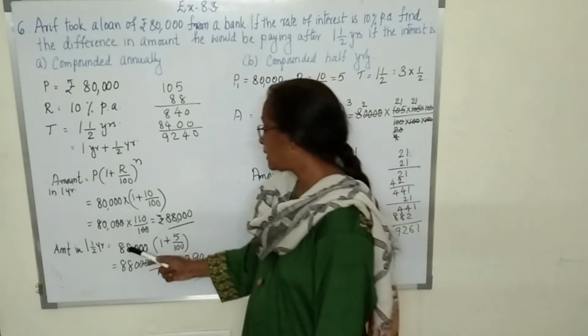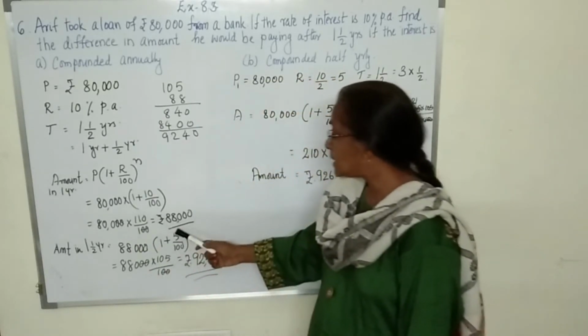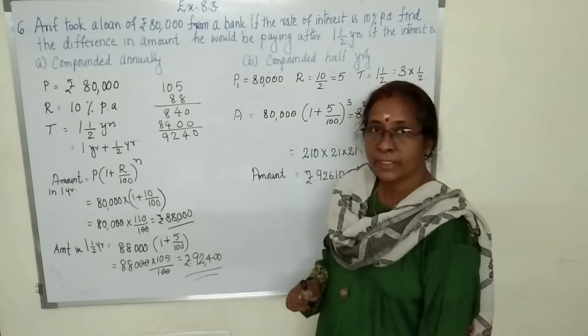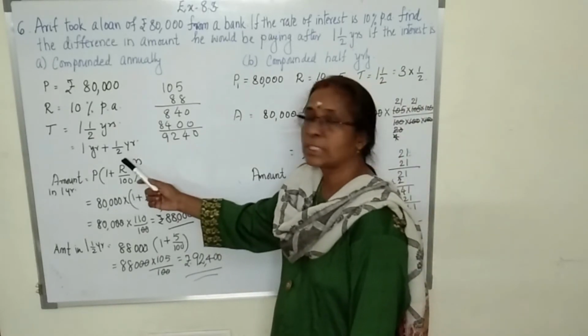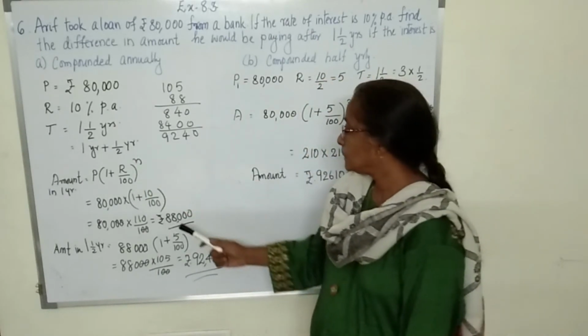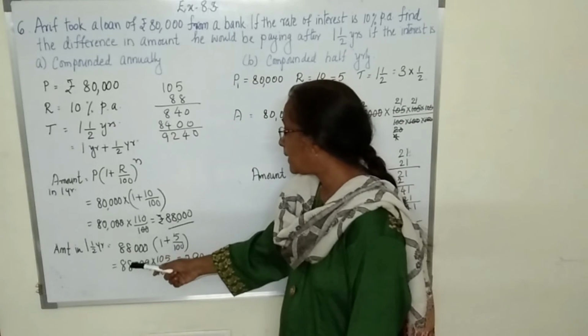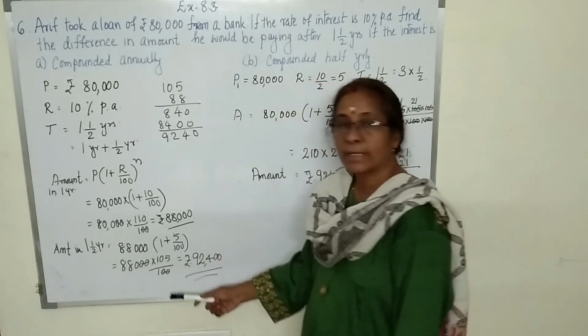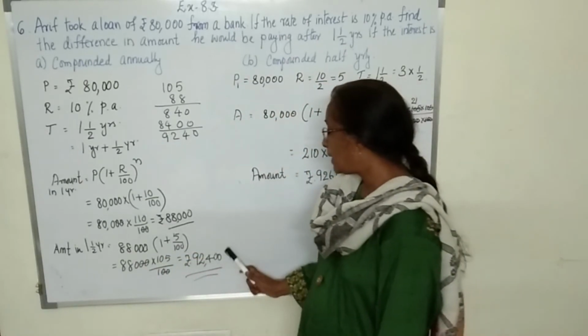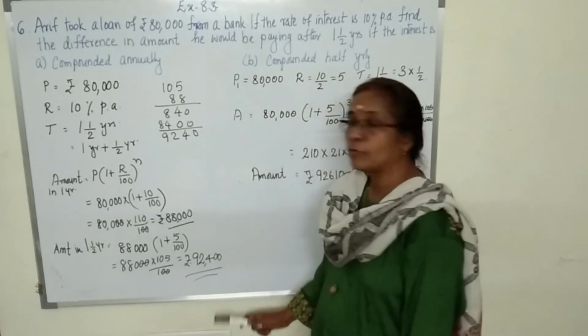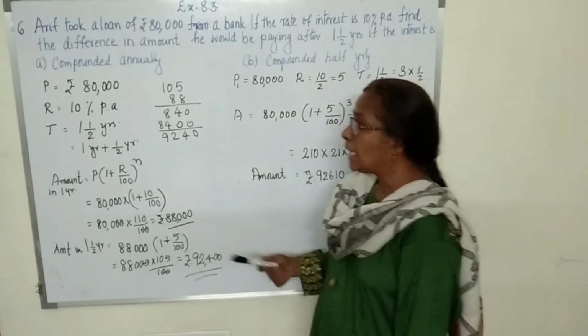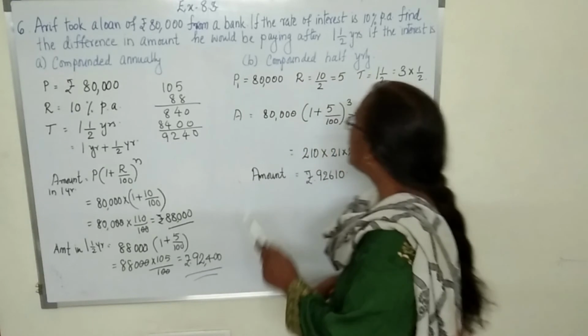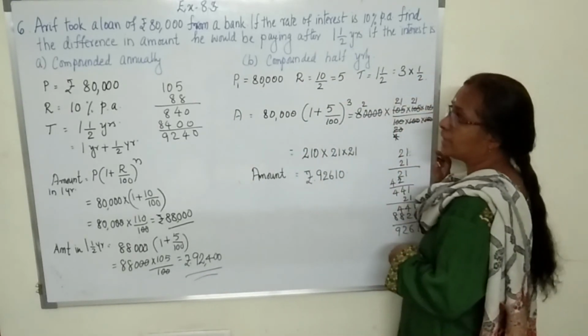That is 88,000 into 1 plus 5 upon 100. Why is it 5 upon 100? Because it is half year, not 1 year. So when we multiply 88,000 into 105 upon 100, we get 92,400.